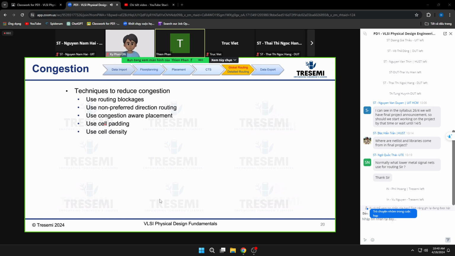Or if the issue is routing with the pin count on certain specific cells, then you can say, I need to target these cells, the complex cells with high pin count density, and I'm going to add some space around them. So you can do cell padding for those targeted cells, cell spacing.